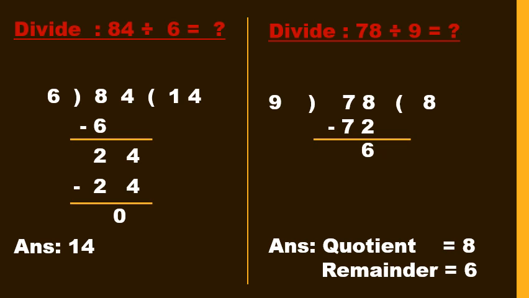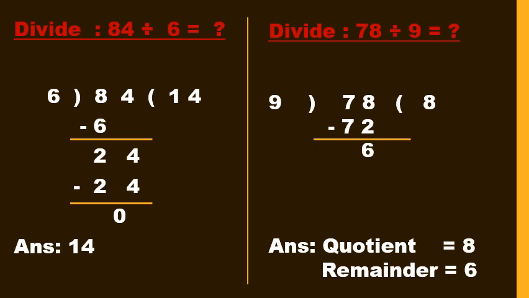Now we are going to write 8 in the quotient place, and we are going to write 72 just below 78, and we will start subtracting. So 78 minus 72 gives us 6. So here the quotient is 8 and the remainder is 6.